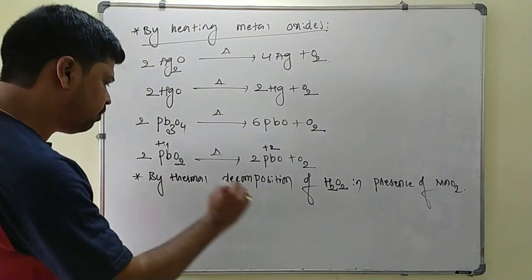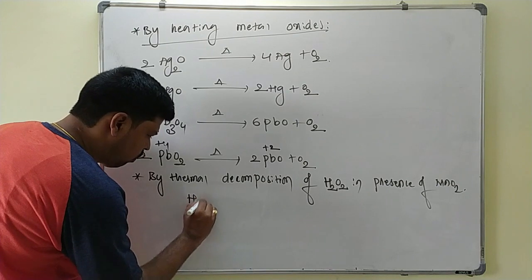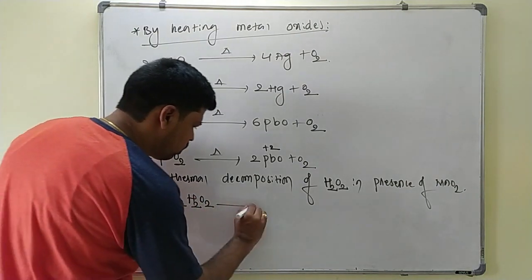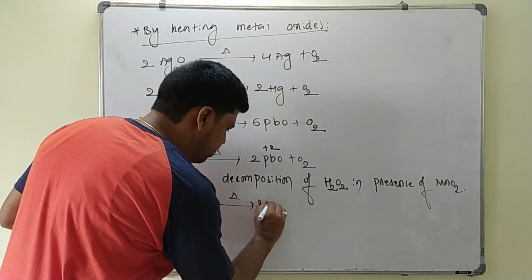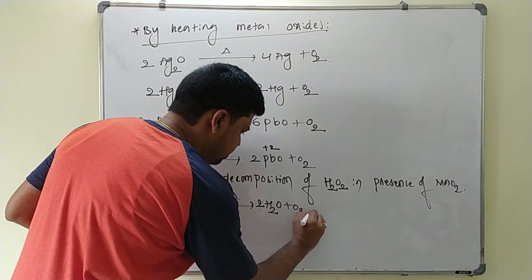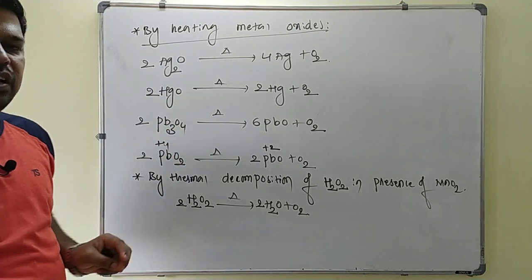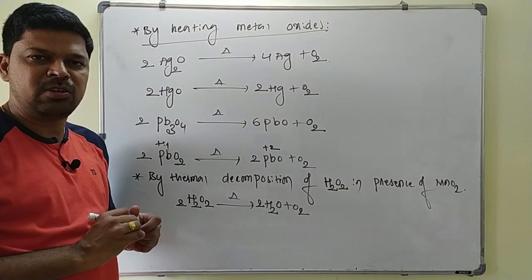Even if you heat hydrogen peroxide, this H2O2 on heating will convert into 2 moles of water plus O2. So these are all the laboratory methods for the preparation of dioxygen.